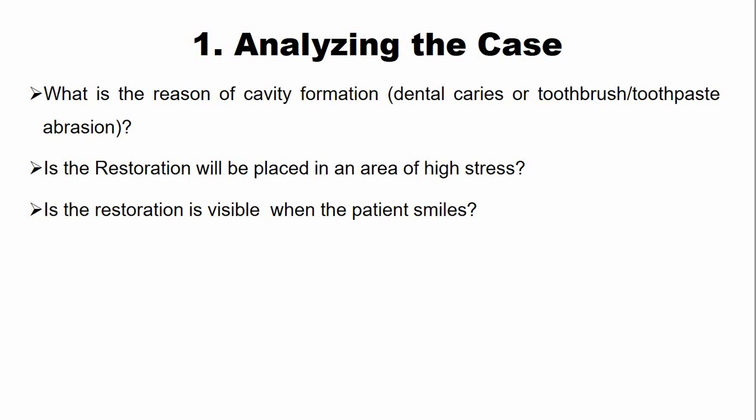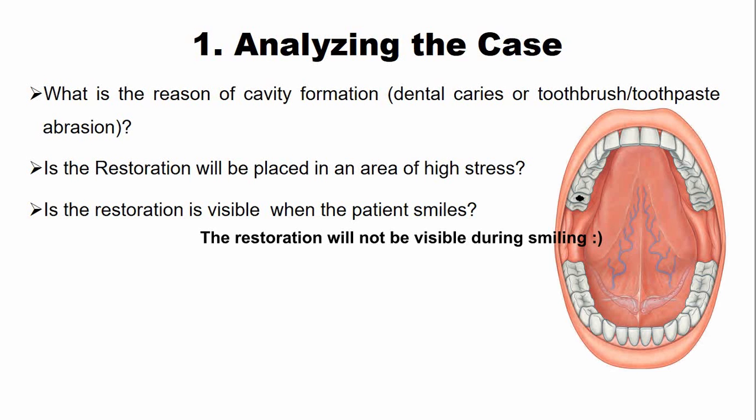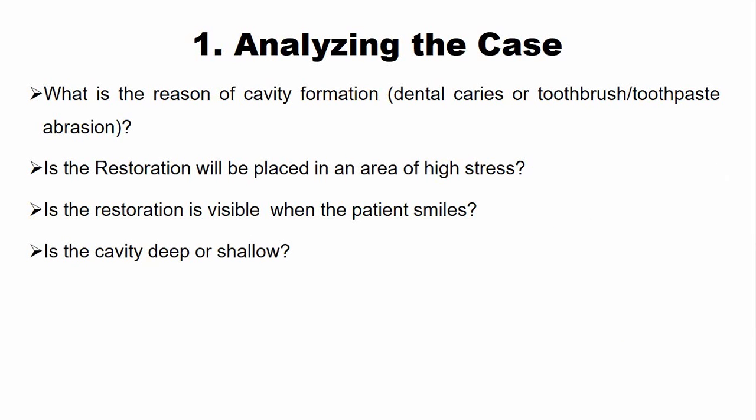Is the restoration visible when the patient smiles? In our case, it is not visible. Is the cavity deep or shallow? You can analyze this by clinical examination and through the radiograph. In our case, it is a shallow cavity.